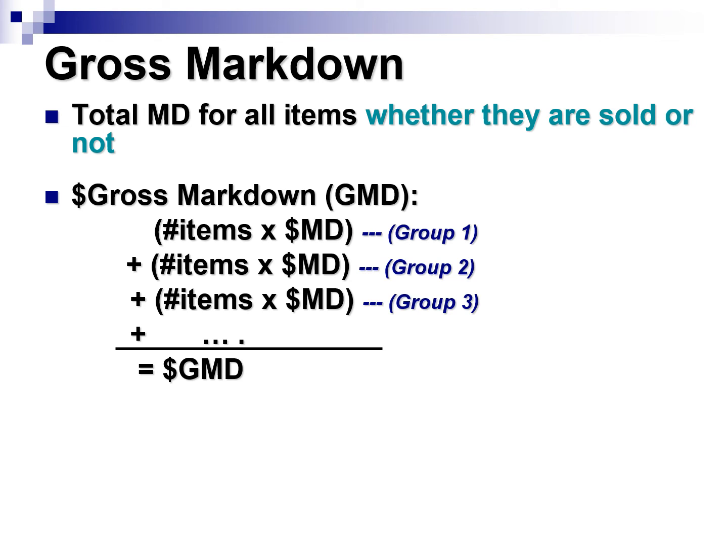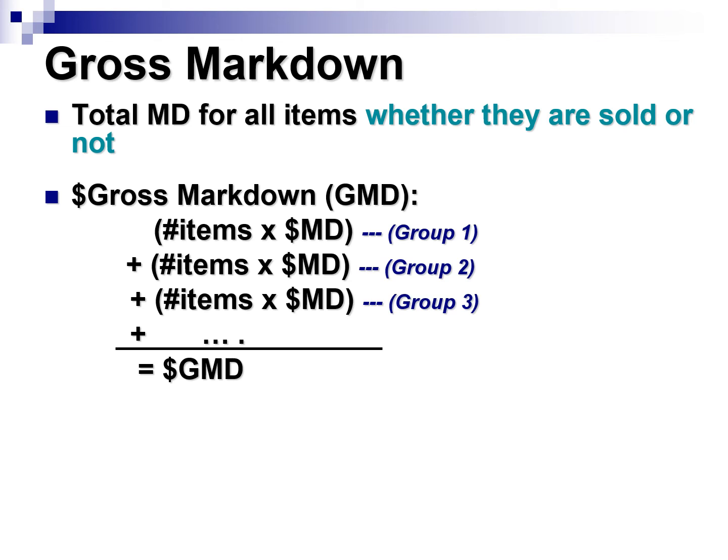Gross markdown dollar is nothing but the sum of all the dollar markdowns of all items. For each individual item, we were able to calculate dollar markdown, the difference between the previous retail and the lower retail, and we just add them all up. That is what we call gross dollar markdown, or dollar gross markdown, or GMD dollar.